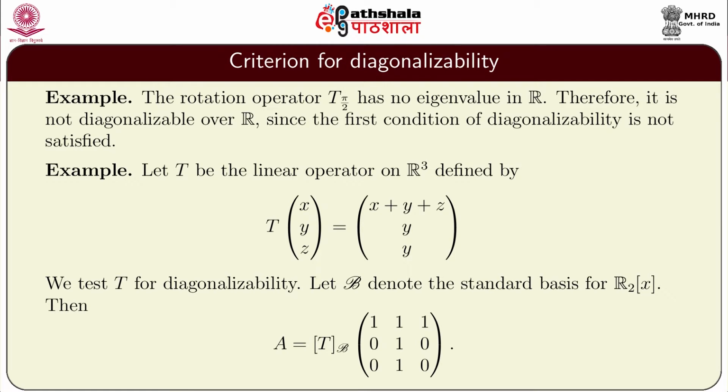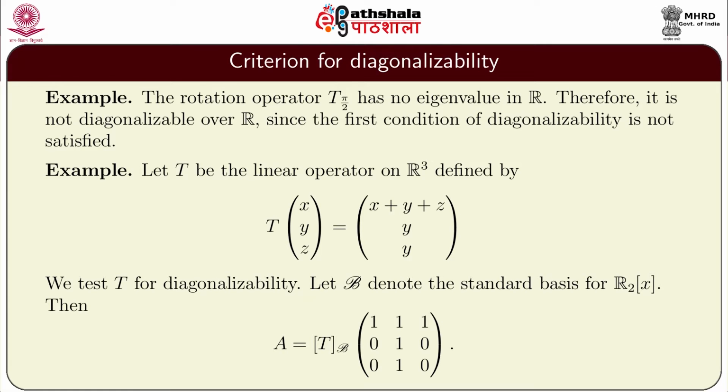Because the first condition of diagonalizability is not satisfied. Recall, the first condition was that the characteristic polynomial must split in the base field. In this case, the characteristic polynomial is t squared plus 1, which obviously does not split in the field of real numbers.